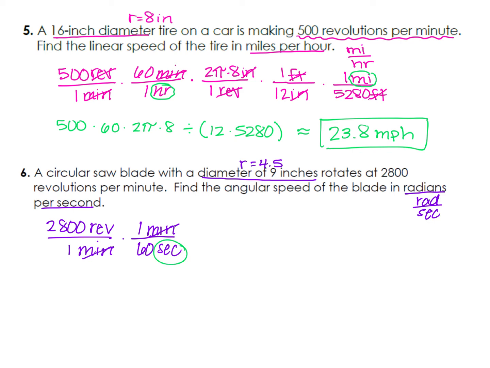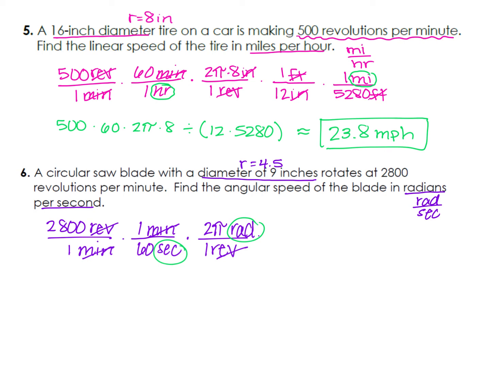So I have my denominator into seconds where I want to be, but I need to change my numerator yet into radians. So our conversion factor was that 1 revolution was 2 pi radians. And that put us into radians per second.